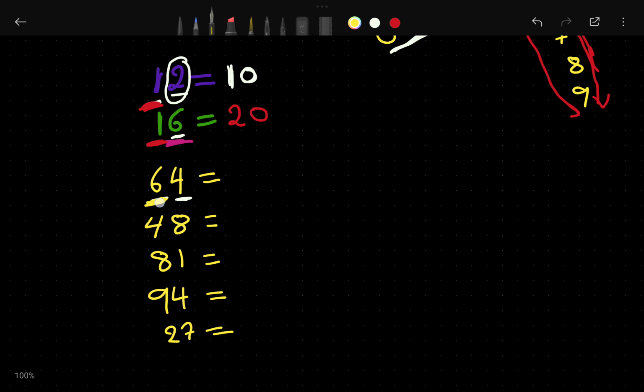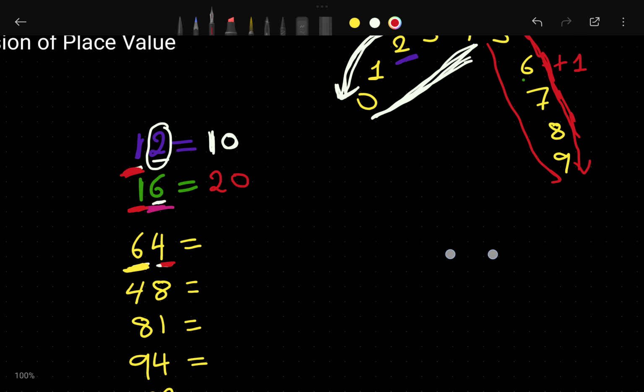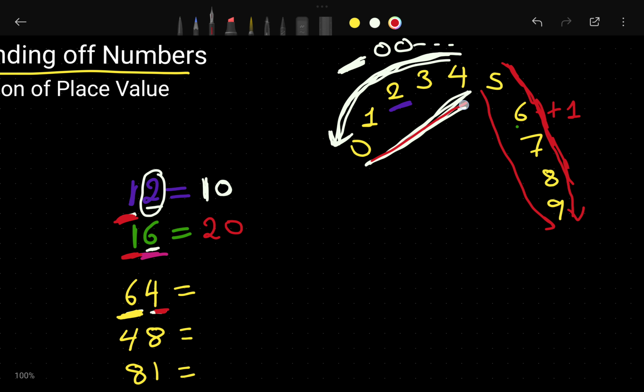We have to see where the 4 falls. 4 falls between 0 to 4, so it is going to be 0. Then we write the tens digit as it is, 6, and the 4 we directly make 0. I hope you understand.